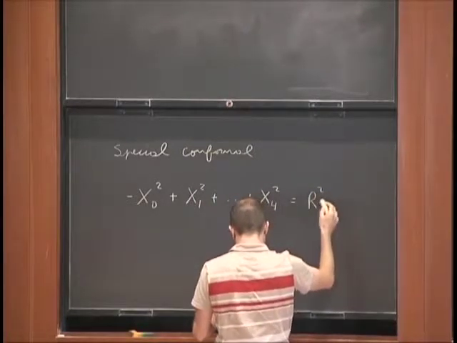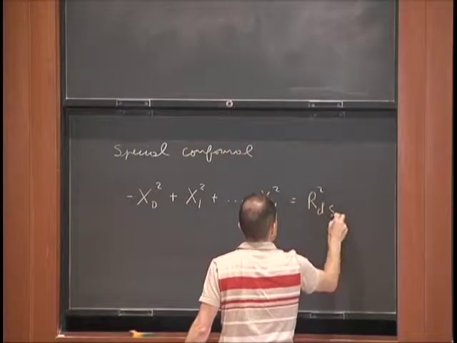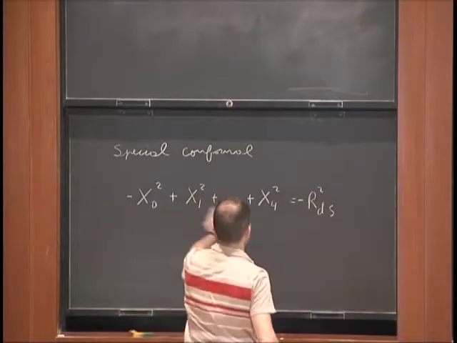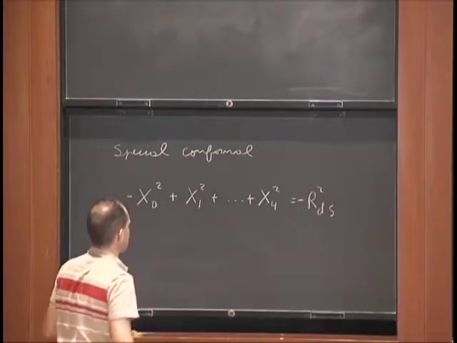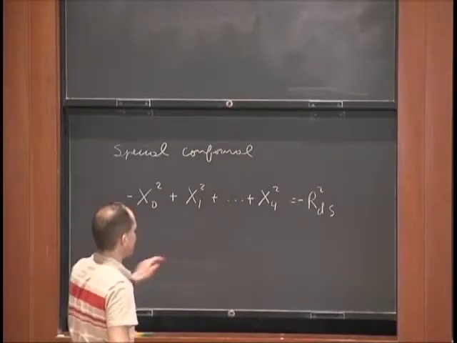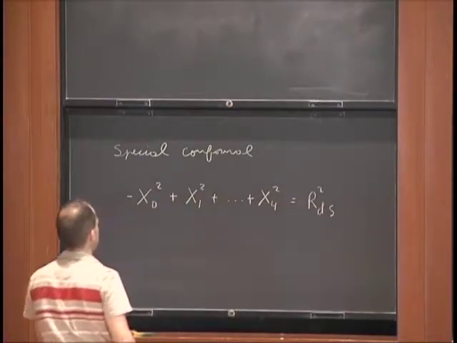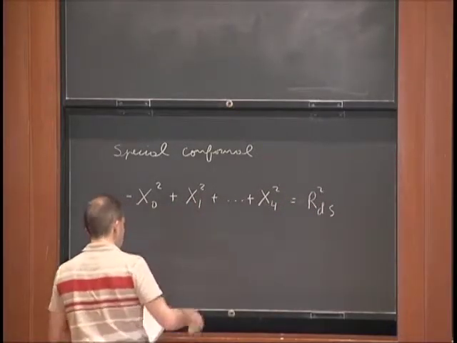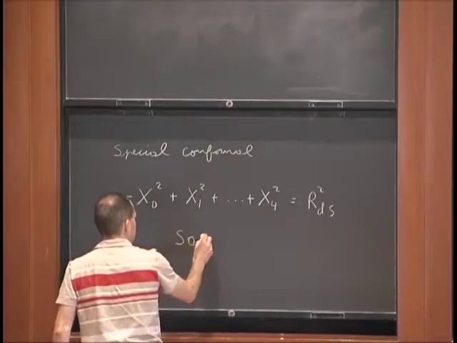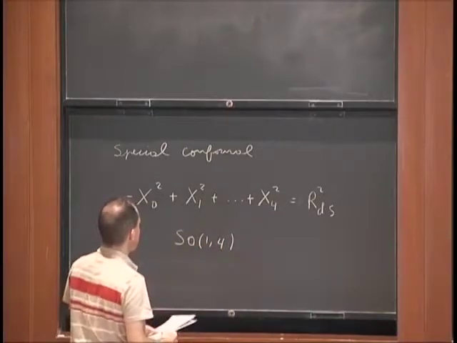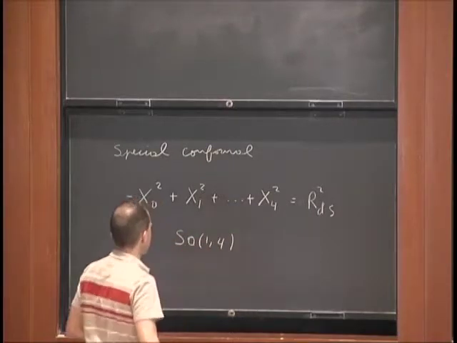Okay, so we had this hyperboloid that Lenny talked about. I forget now whether it's plus or minus here. It's plus, yeah. Okay, and this has this SO(1,4) symmetry that rotates all these coordinates, right?